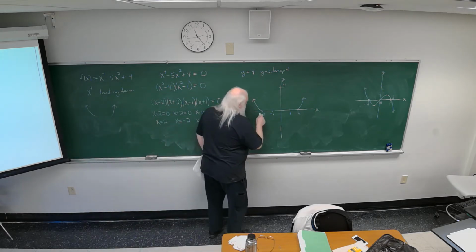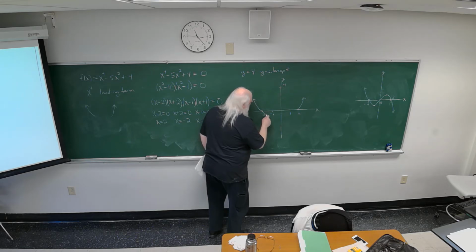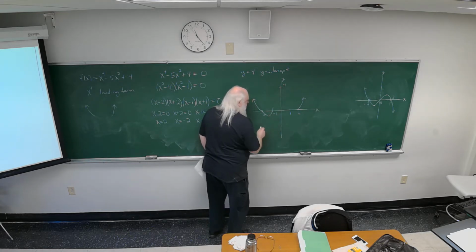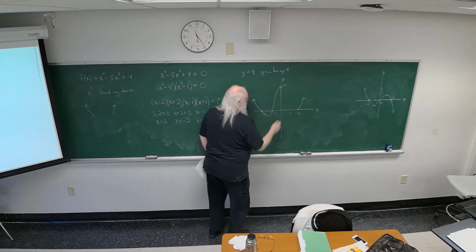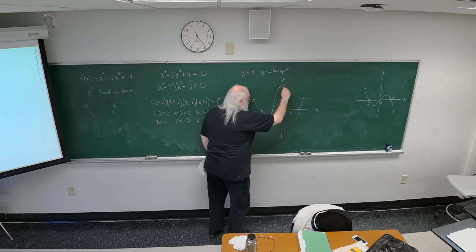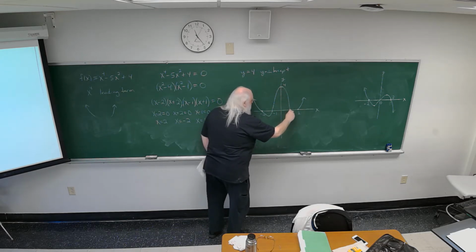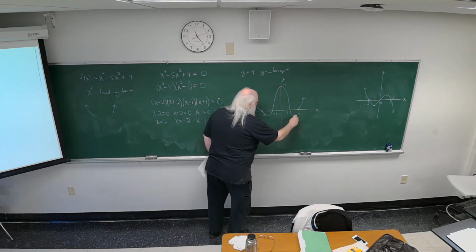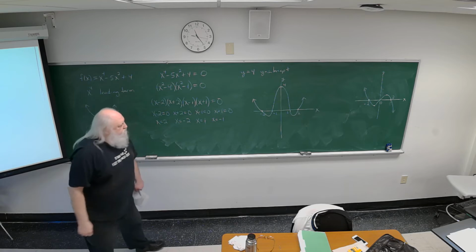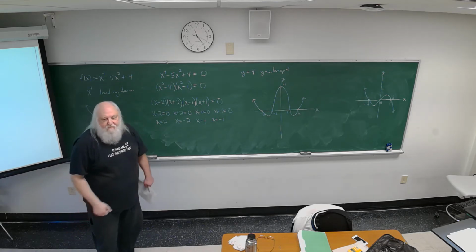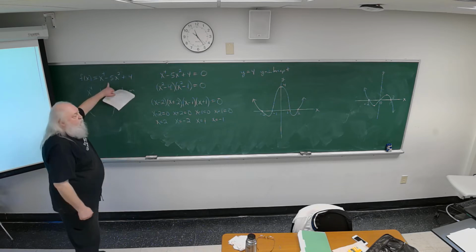So starting here on the left, the graph comes down, forms a turning point, then goes up, crosses the x-axis at x equals minus 1, and then comes all the way up here to the y-intercept, and then comes down, crosses the x-axis at x equals 1, forms a turning point, comes up and crosses the x-axis at x equals 2. And that's our crude graph of this polynomial function.